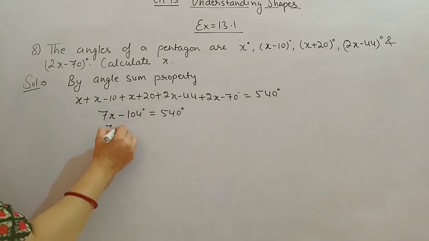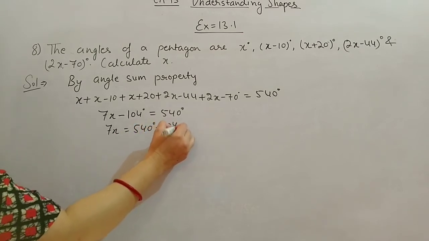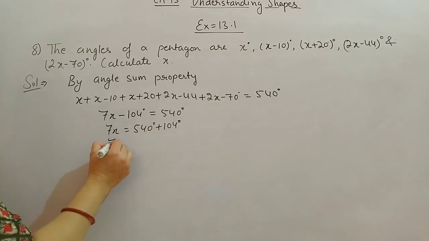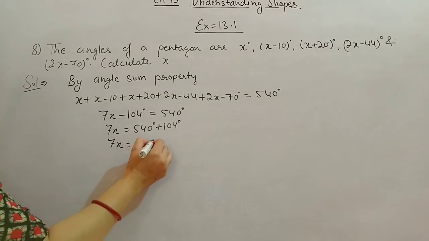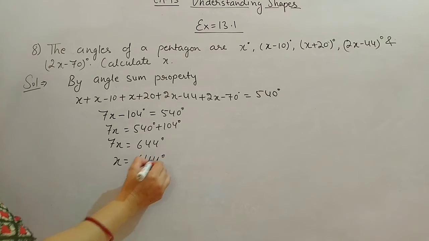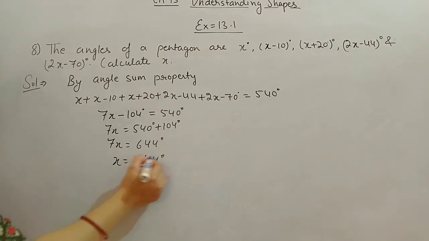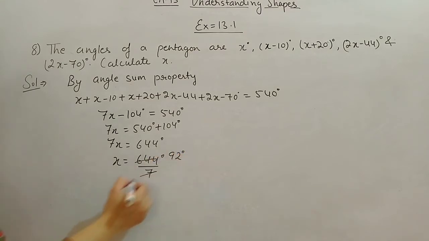So 7x is equal to 540 plus 104, 7x is equal to 644 degree. So x value will be 644 by 7. Do the cancellation. 7 9s are 63 and 7 2s are 14. So x value is 92 degree.